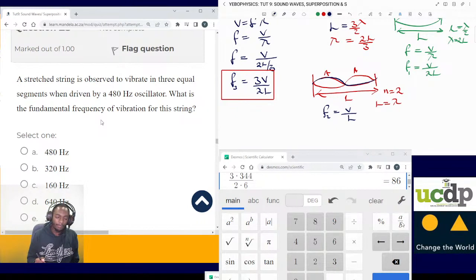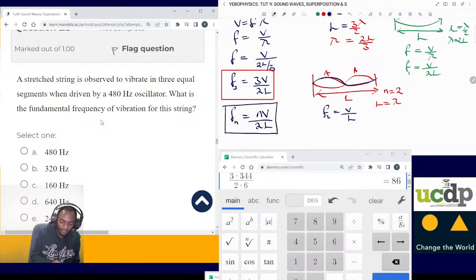So if you look by inspection at all these three cases, we can come up with a general equation to say that Fn is equal to nV over 2L, right? Where n is the nth harmonic.